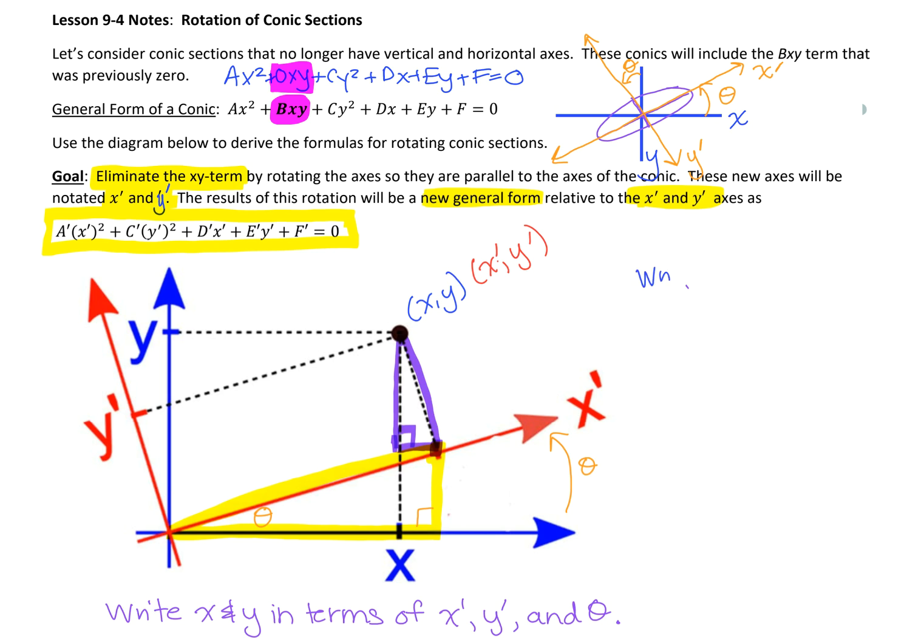So we're going to write the side lengths of the triangle, the purple and the yellow, and the only variables and information you can use are x primes, y primes, and thetas. Okay? So go ahead and pause the video now and see if you can write those sides of those triangles in terms of each of those.